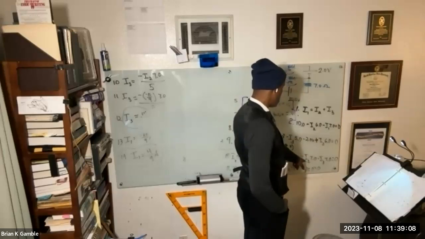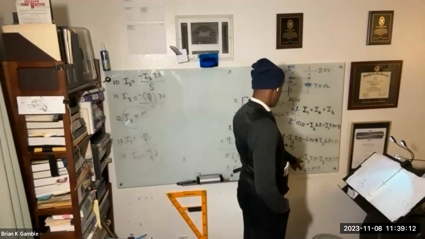And then 7i2, 7i3, combining minus 7 and minus 6 is minus 13. The 10 is plus, because it was plus from here, taking it over to the other side.